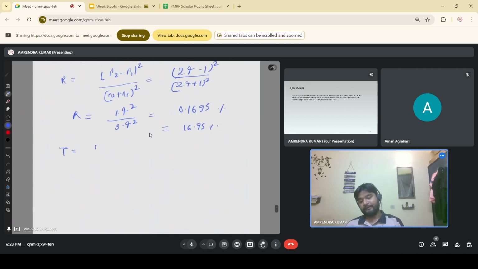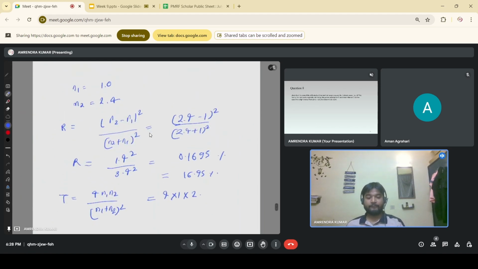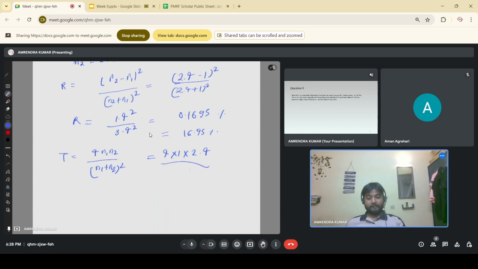So you have to just write it down: 4 n1 n2 over n1 plus n2 squared. Here for the diamond, we have 4 times 2.4, divided by 3.4 squared, which is around 83%.